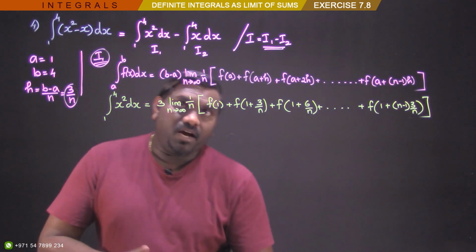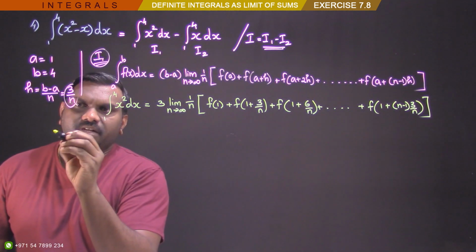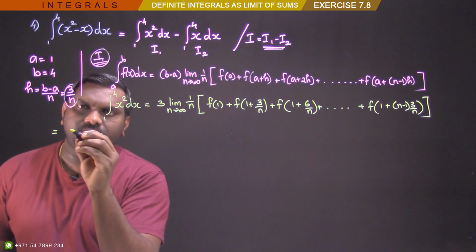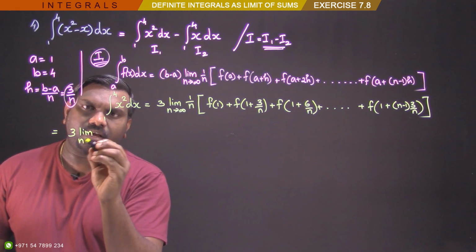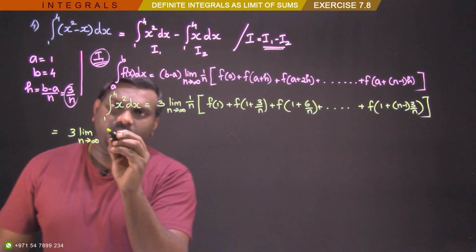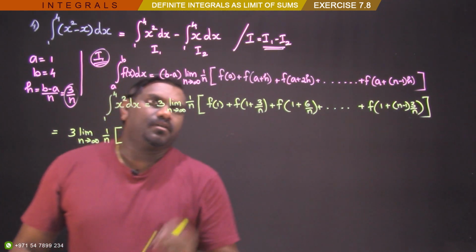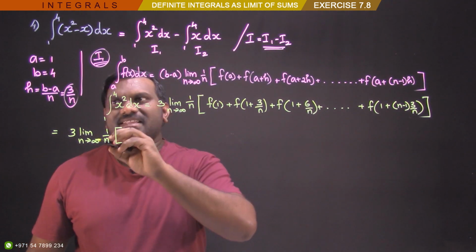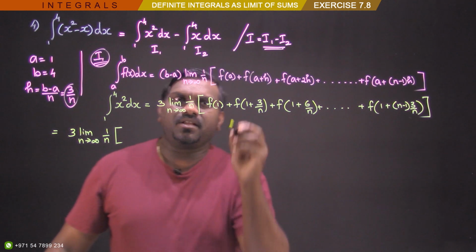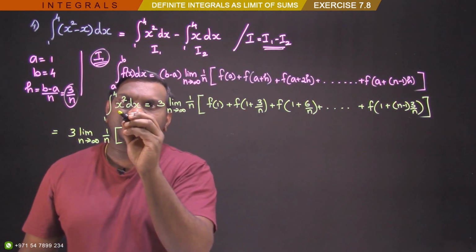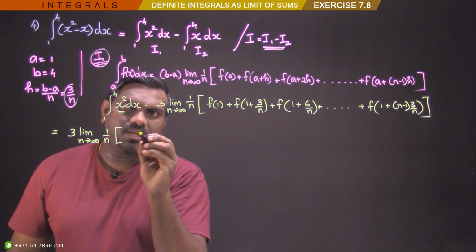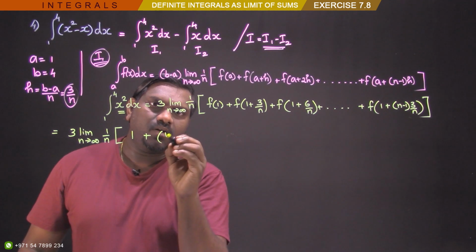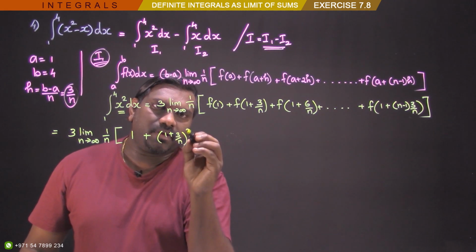Now just applying it into the function dear, what will you get here? You will get 3, then limit n tending to infinity 1 by n, then our function f of 1 is x square, so we substitute 1 for x. So x square is 1 here, plus over here it's going to be 1 plus 3 by n the whole square dear, right?